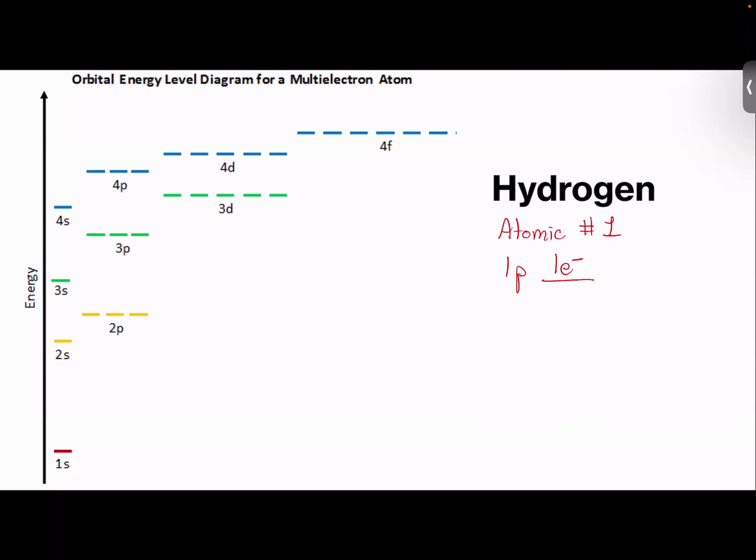That 1 electron is going to enter into the lowest energy level, spin up. What that means is our N value is 1.